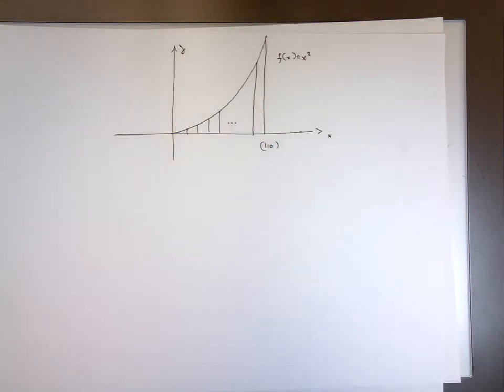We're going to find the area in terms of n left endpoint rectangles, and then we're going to find the area in terms of n right endpoint rectangles. And then we're going to take the limit as n goes to infinity for each of those sums. What should happen when we take the limit as n goes to infinity of each of those sums?